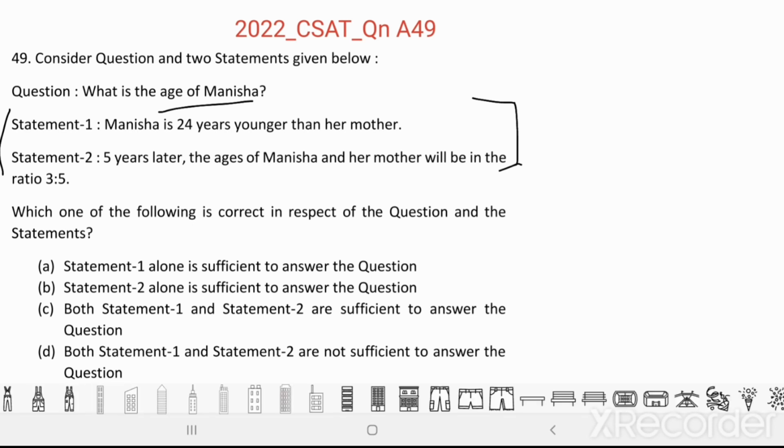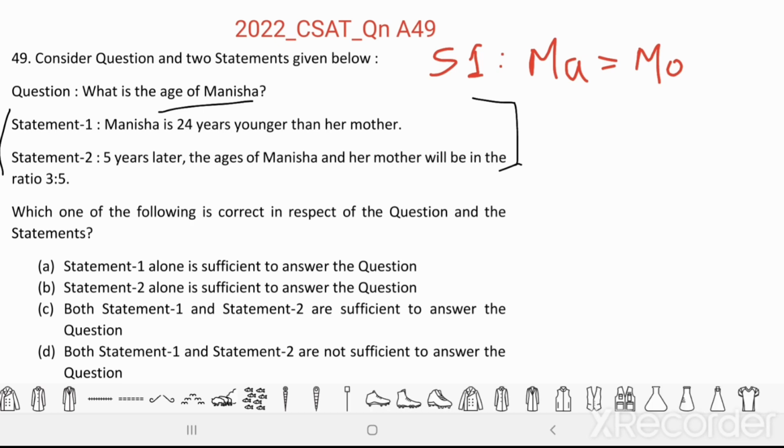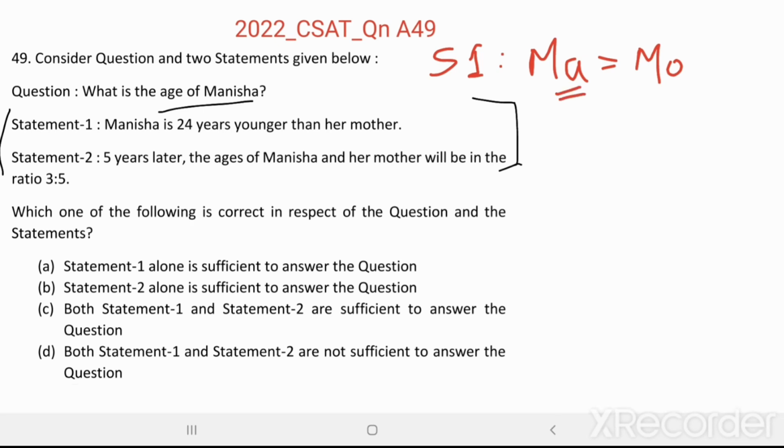Let us see the first statement, statement 1. Manisha is 24 years younger than her mother. Let us take present age of Manisha equal to MA and present age of her mother equal to MO. Then age of Manisha equals age of mother minus 24.